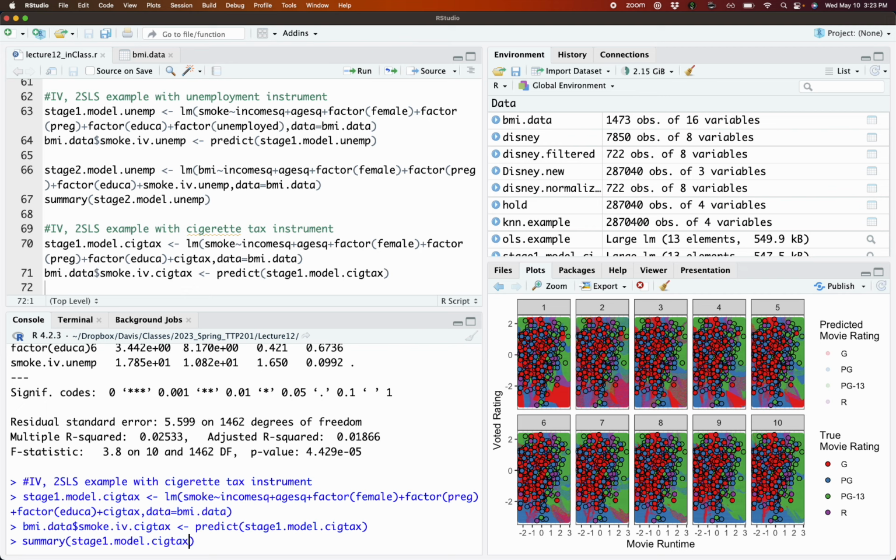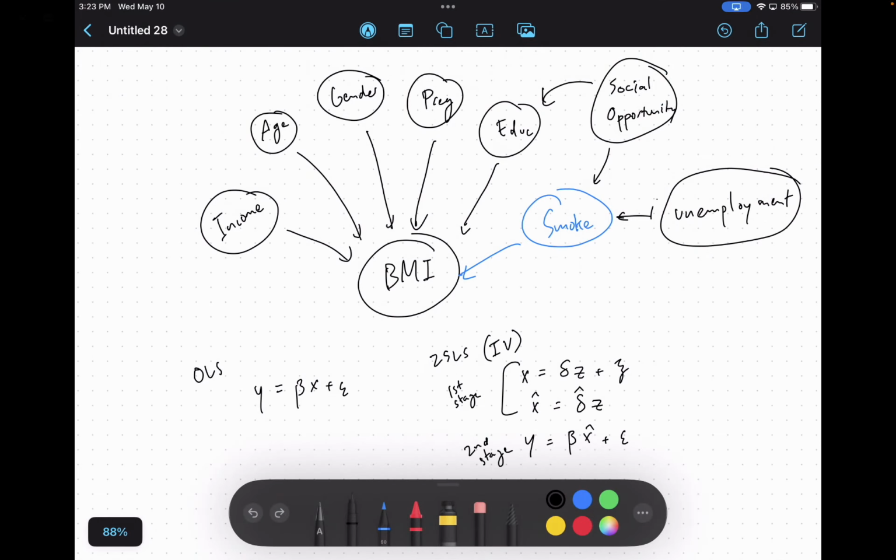So in this case, let me jump back to our diagram. Do we plausibly think the presence of a cigarette tax in this relationship makes sense?